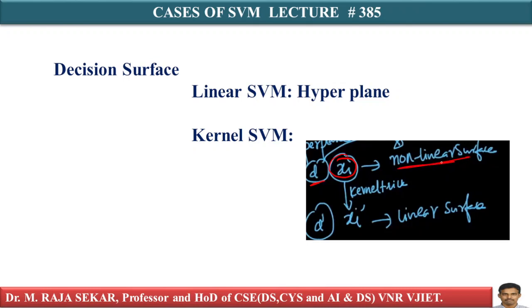It is a non-linear surface, but by using the kernel trick, this point xi can be converted into xi dash, where you can separate those points by using a linear surface. This is d dash dimensions, this is d dimensions, isn't it?